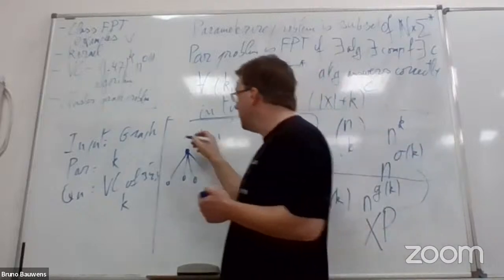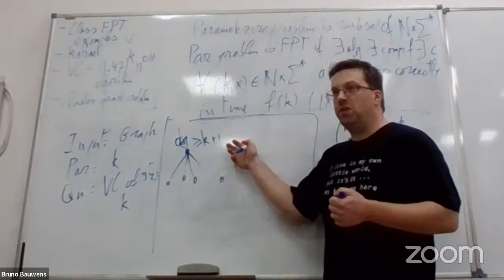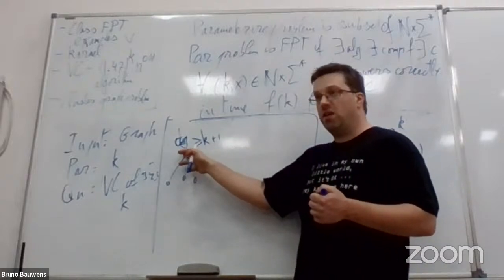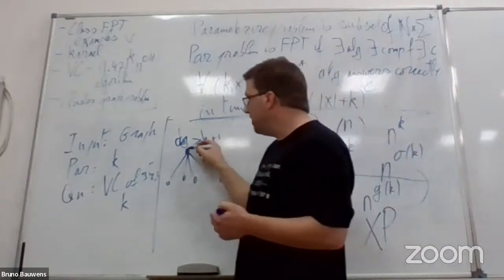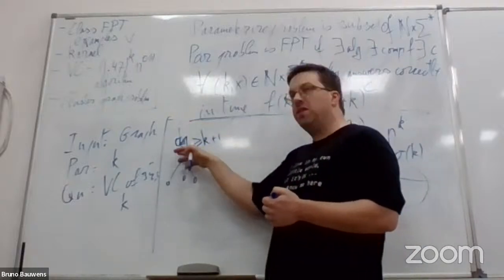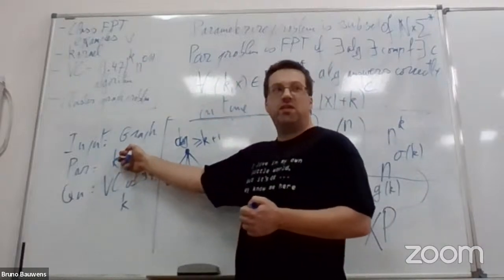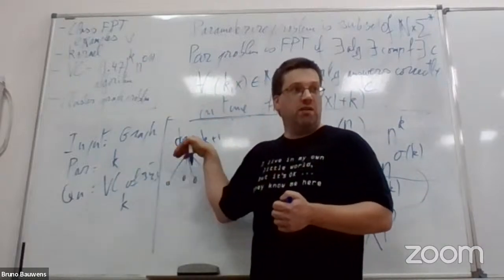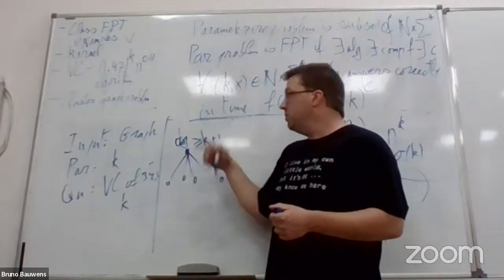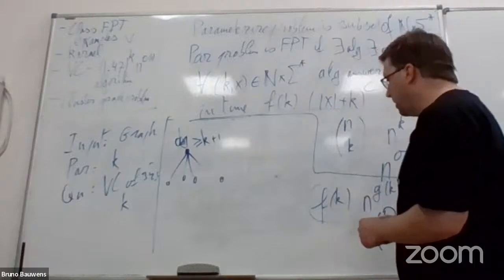So if the degree of a node is at least k plus 1, we add this node to the vertex cover, and we can remove the node and all of its edges. Then we solve vertex cover for k minus 1, because we can use at most k. And so we can iterate this. This is the first reduction rule.